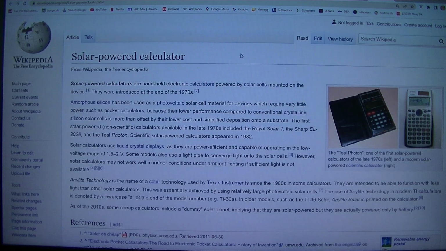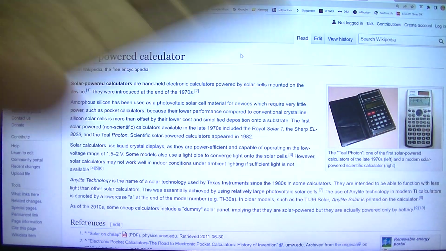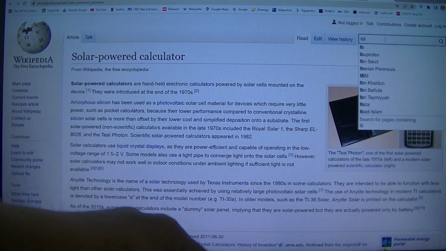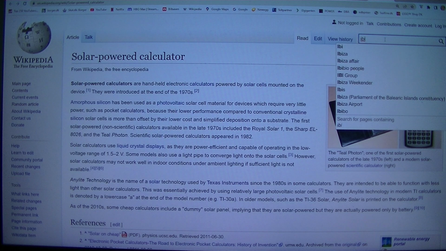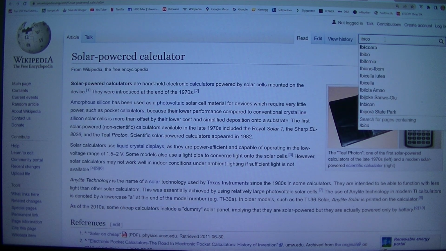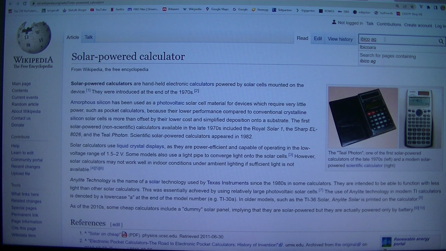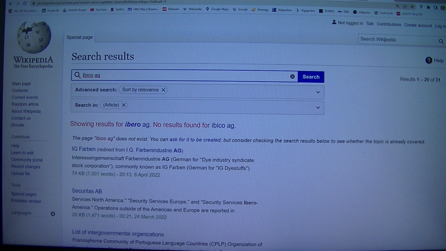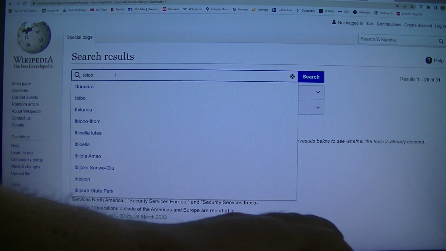I've got this calculator brand called Ibico. Ibico AG.